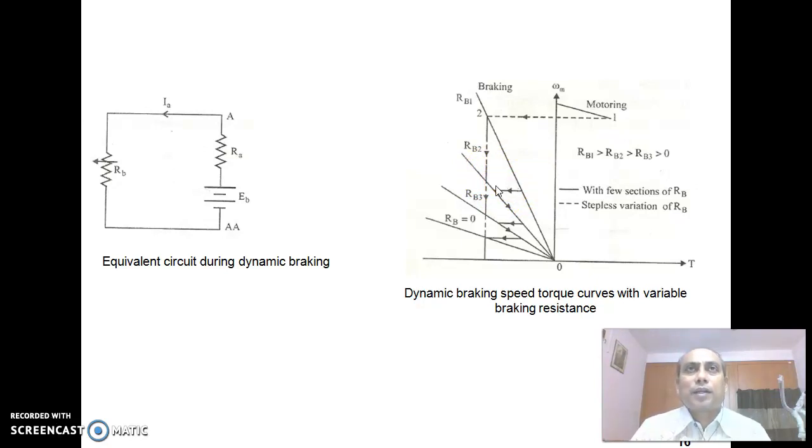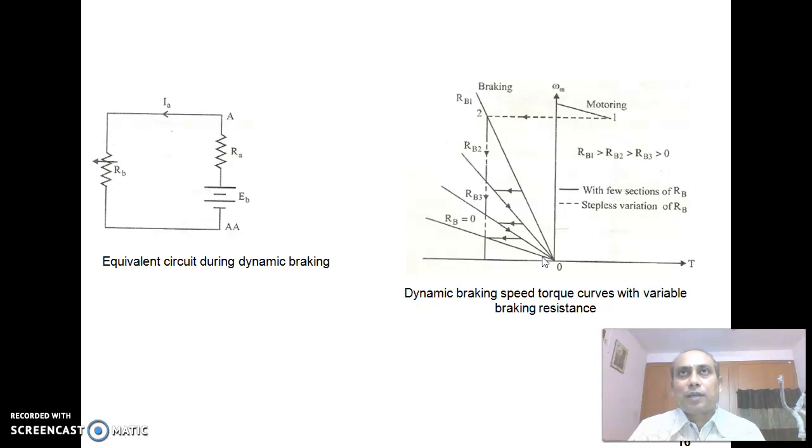The operating point shifts in the downward direction, and gradually the speed comes down to 0, making the braking current and the torque 0.